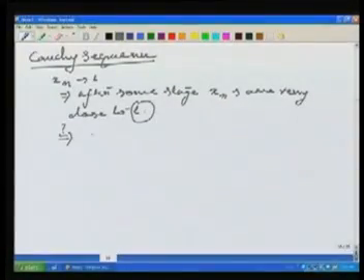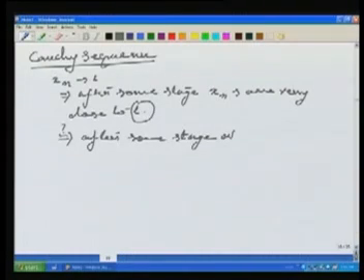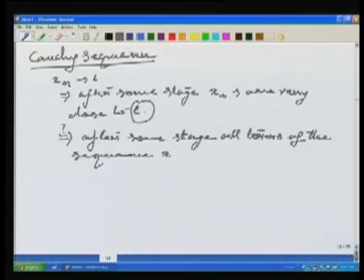So is it the same as saying that after some stage all terms of the sequence xn are close to each other?